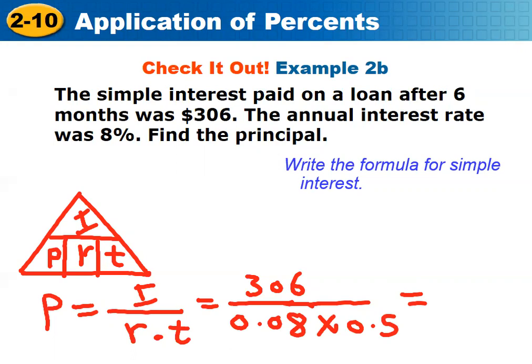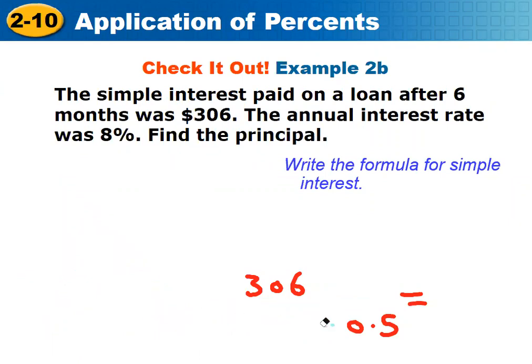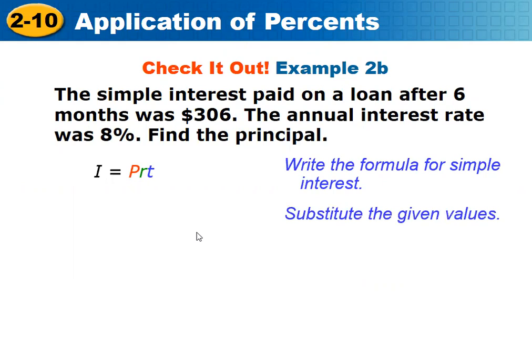What is the second method? The second method, you are going to write the formula, and then you will replace in the formula. You will write the formula, which is interest equals principal times R times T. Second, we will substitute the given values: 306 equals P times 0.08 times 6 out of 12.